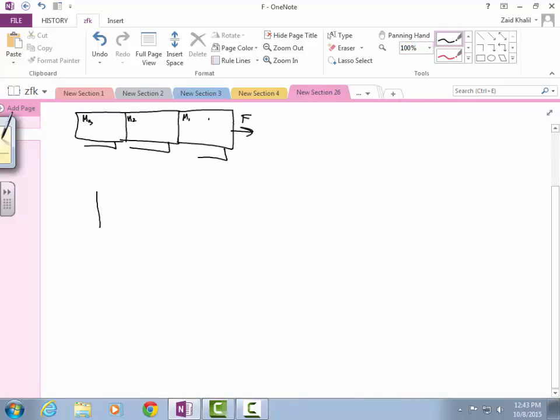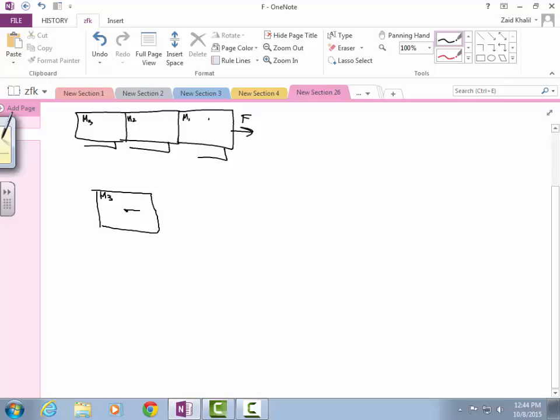So, what are the forces acting on M3? Gravity and normal force and which force? The force from what on what? What body is acting on M3?